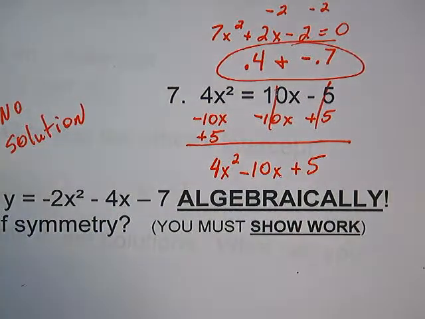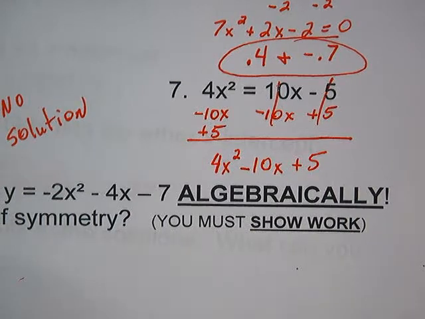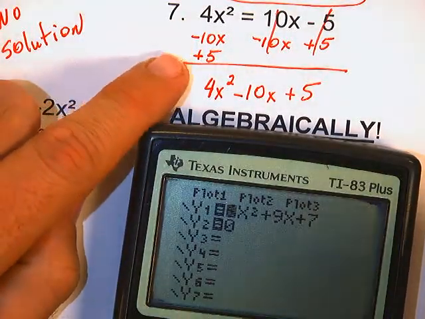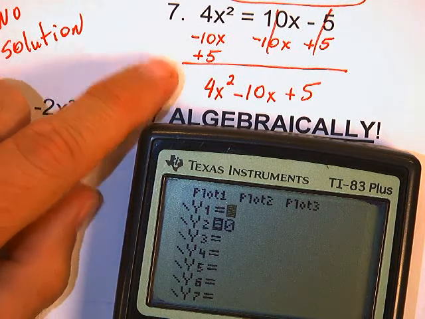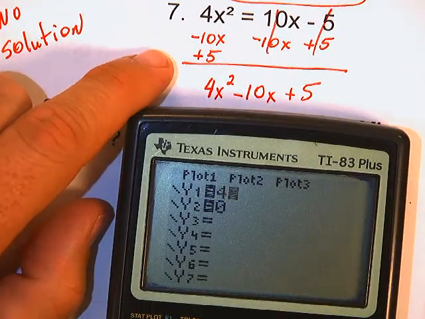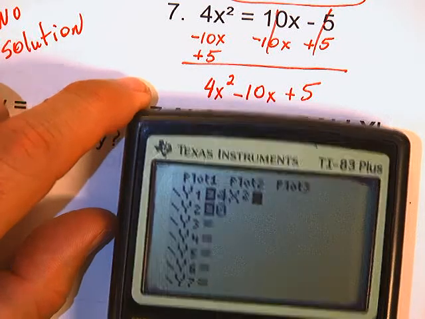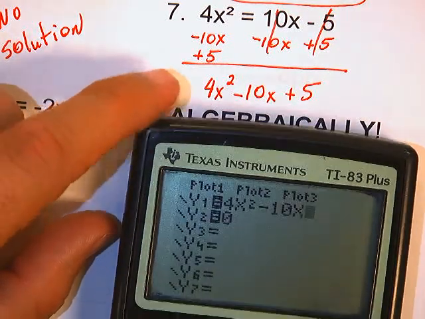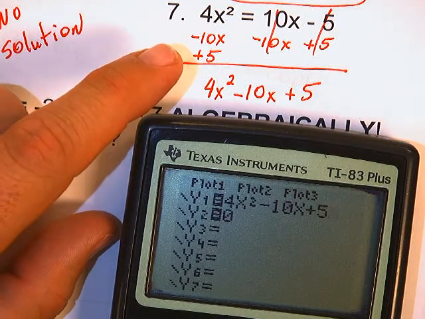We can't combine those because they are not like terms. Okay, let's go back to our calculator. Y equals, let's put this 4x squared minus 10x plus 5. Hit graph.